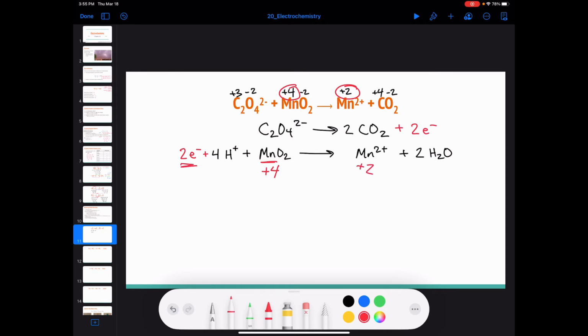So that makes sense. So it's a good way to check. We can do the same thing with our carbon up here, right? So carbon, we had 2 carbons, each going from a +3 up to a +4, okay? That means that each of those 2 carbons must have lost 1 electron, okay? And since there are 2 carbons, it makes sense that we have 2 electrons there.